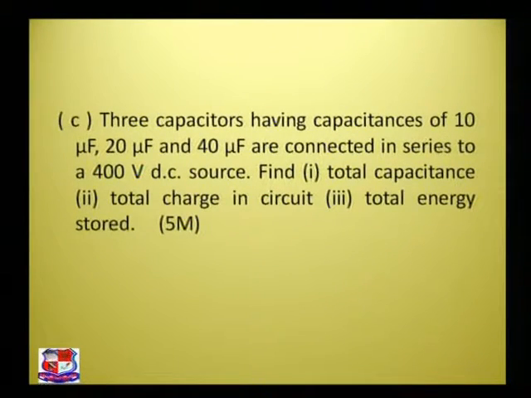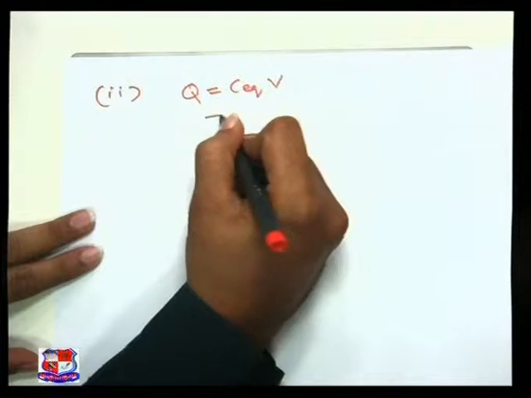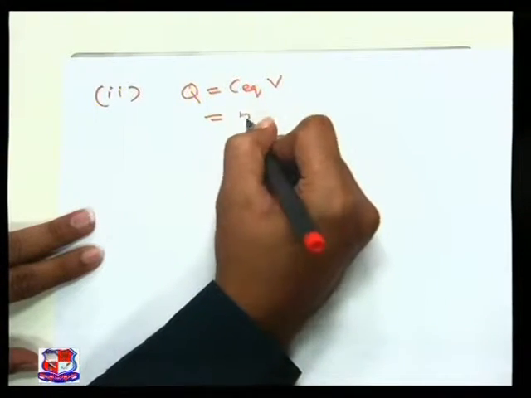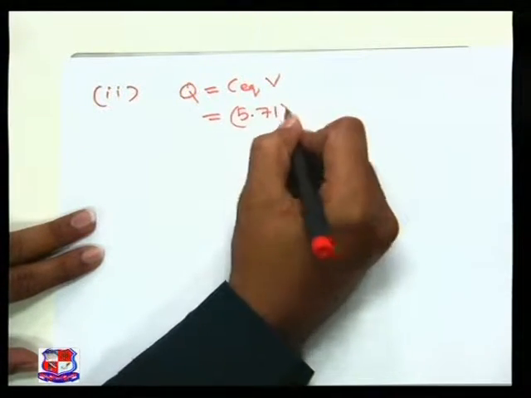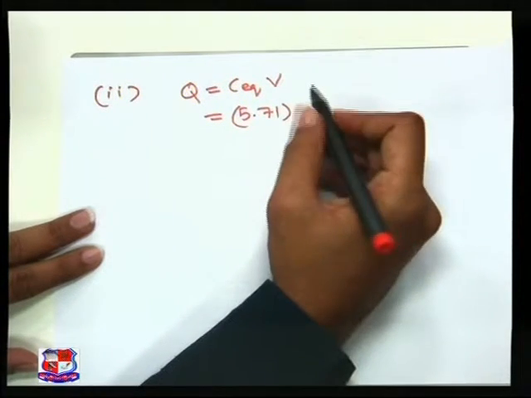Now the second part of the same question: total charge in the circuit. The equation of total charge is Q equal to C equivalent into V. We already have the value of C equivalent, 5.71 microfarad, and V is given as 400 volt.